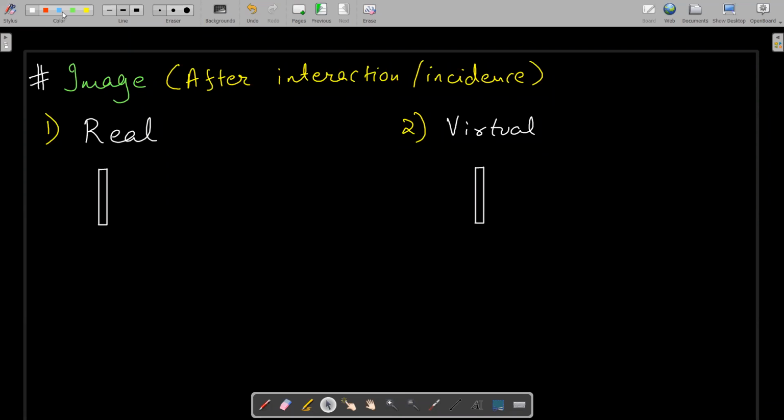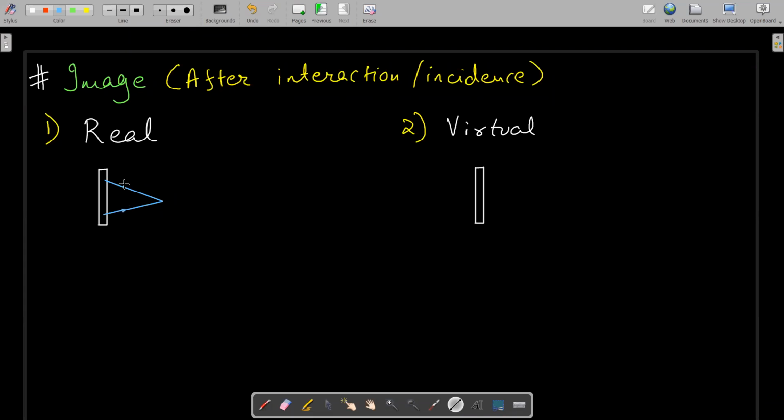So there is no point talking about parallel rays. ठीक है, but there are two possibilities. अगर light ray after interaction, if they actually meet at a point, they actually meet at a point.